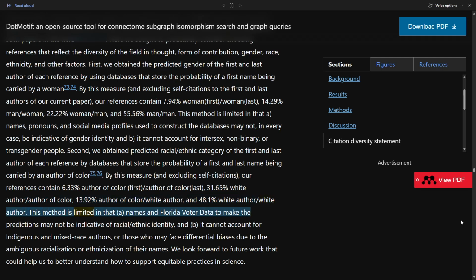This method is limited in that A, names and Florida voter data used to make the predictions may not be indicative of racial/ethnic identity, and B, it cannot account for indigenous and mixed-race authors, or those who may face differential biases due to the ambiguous racialization or ethnicization of their names. We look forward to future work that could help us to better understand how to support equitable practices in science.